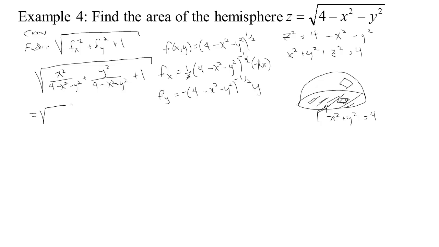If I go ahead and get a common denominator of 4 minus x squared minus y squared, I have x squared plus y squared, and this, to get the common denominator, has to be multiplied top and bottom by that. So 4 minus x squared minus y squared all over 4 minus x squared minus y squared. Okay, and let's see.